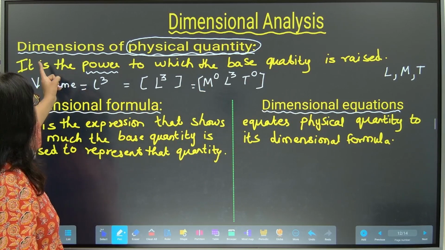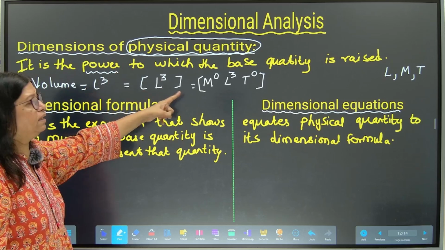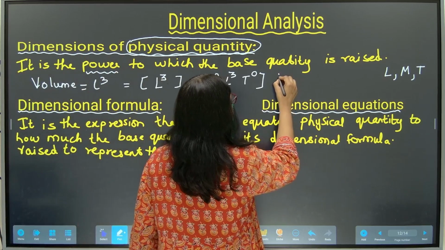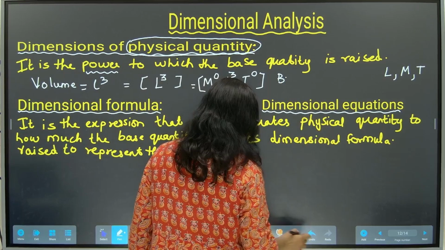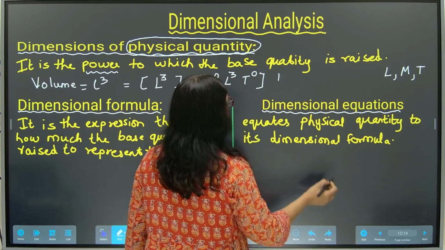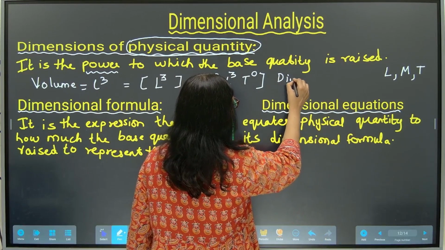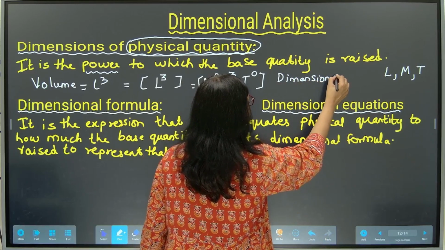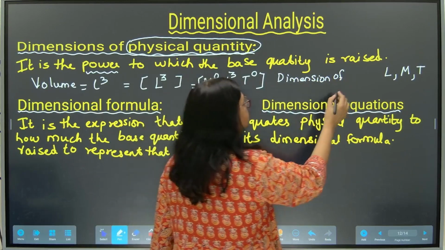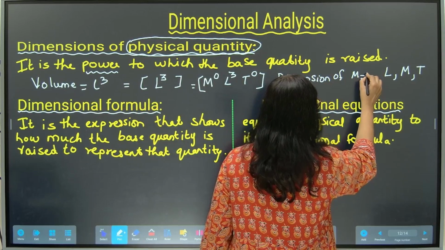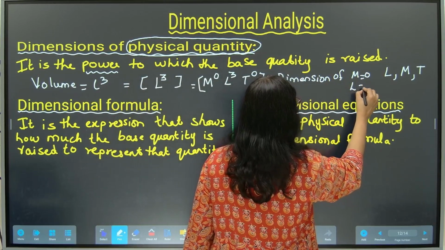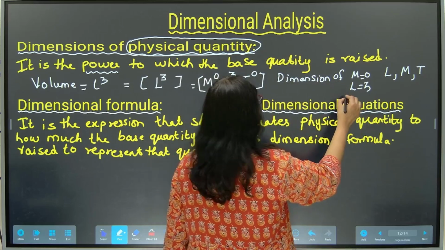Now, what is the dimension of L in this? 3. So, we read it as dimension of M is equal to 0 in this expression. Dimension of L is equal to 3 in this expression.